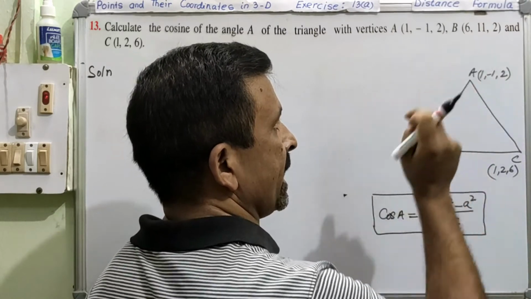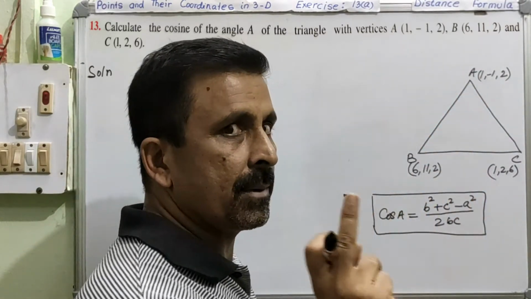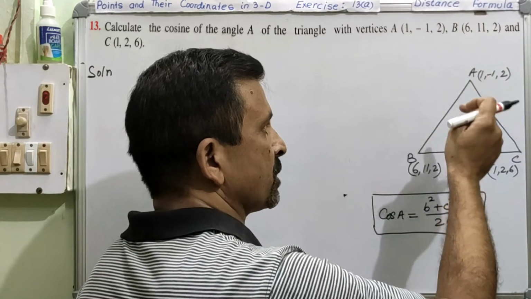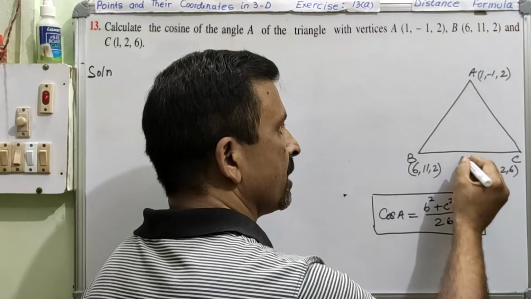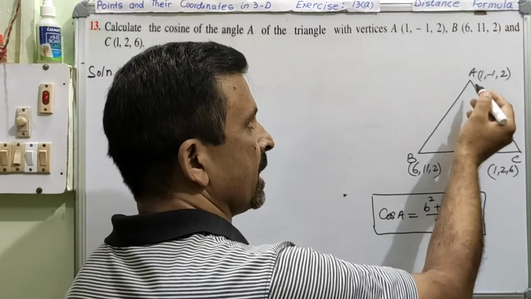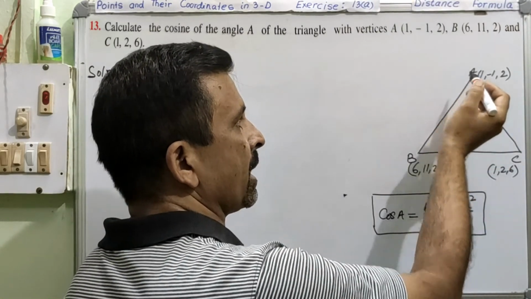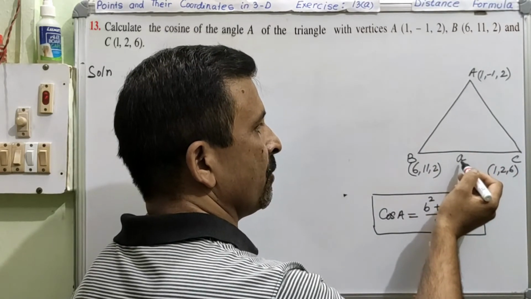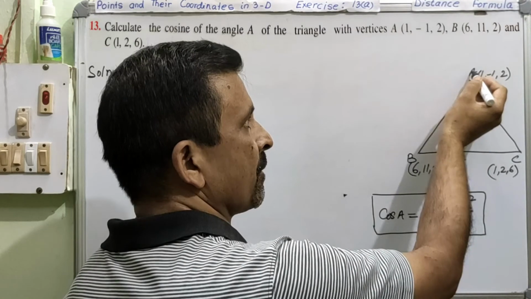This is vertex A. Please listen to me very carefully. This is vertex A, and the side opposite to this vertex will be small a. The name of the side opposite to this angle will be small a, corresponding to the name of the vertex.